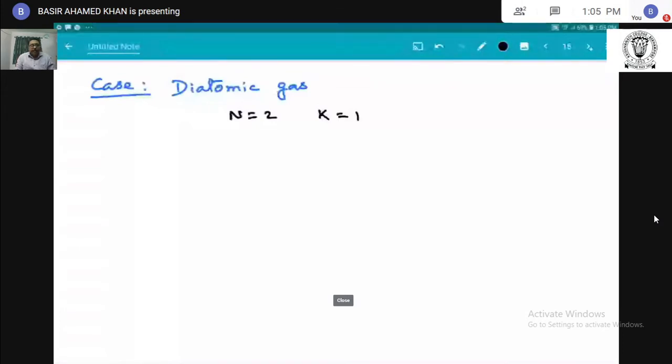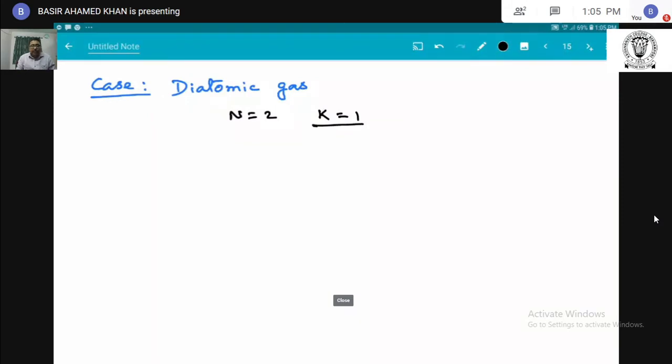Now why is the number of constraints 1? Because in the diatomic molecule, the distance between the two atoms is fixed. That means the distance between two atoms in the diatomic gas is always constant.